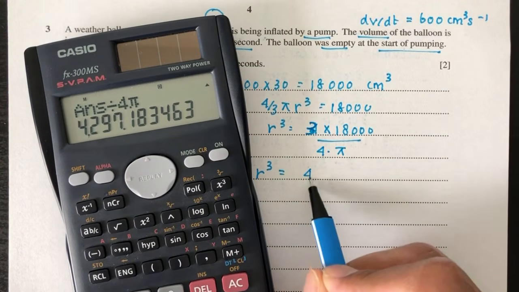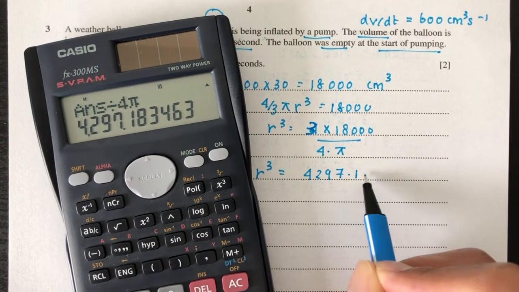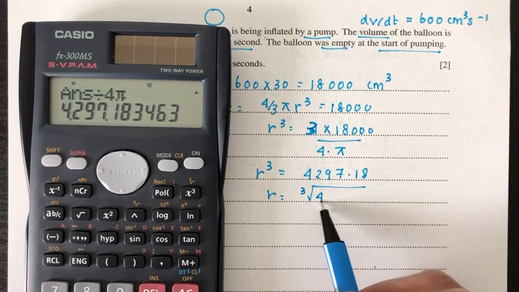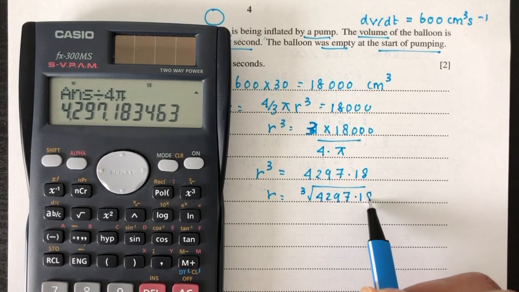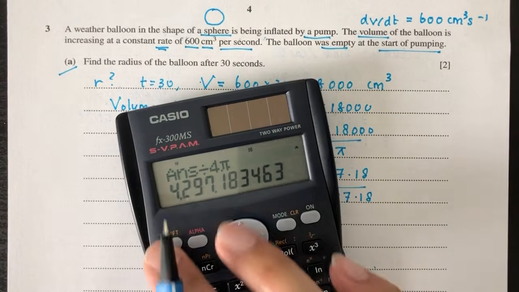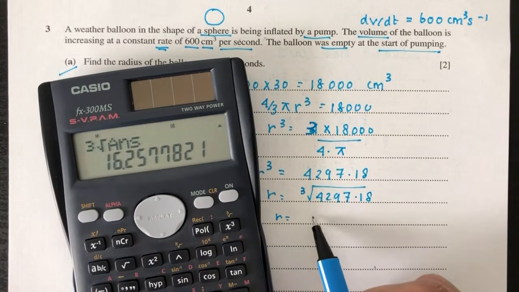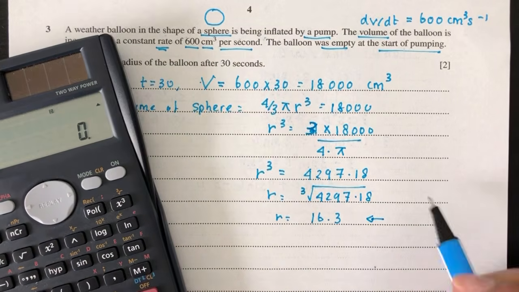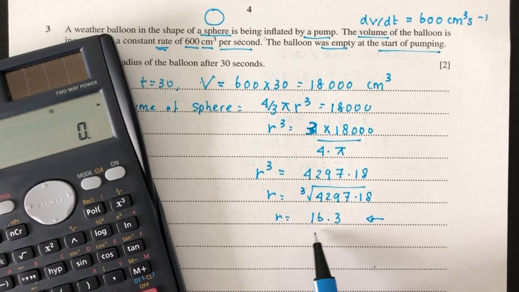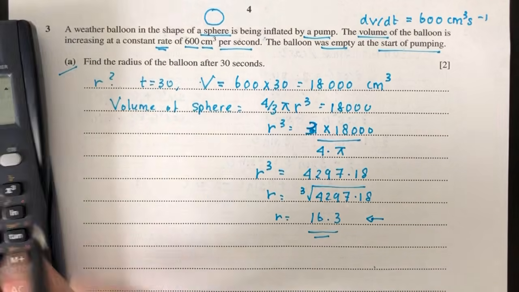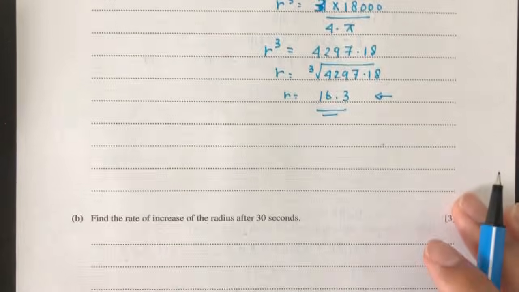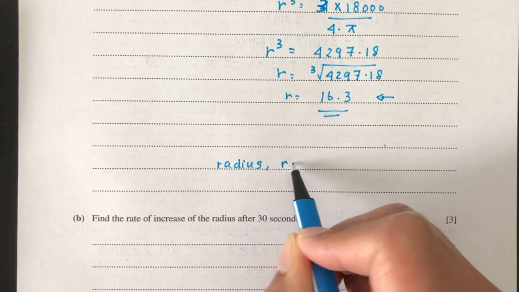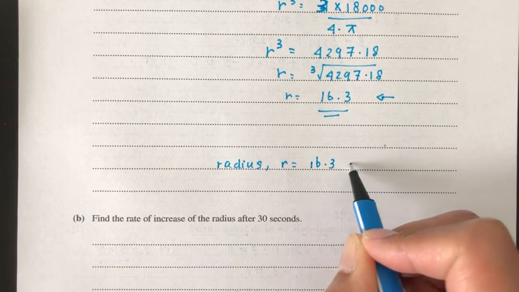That will be 4297.18. The value of r will be the cube root of this value, which is 16.3. Correct to 3 significant figures, it will be 16.3 centimeters for the radius. So let's write this down here. The radius r is equal to 16.3 centimeters.